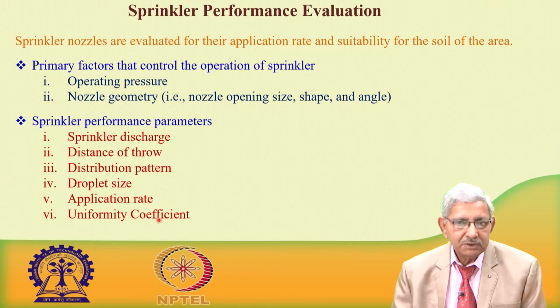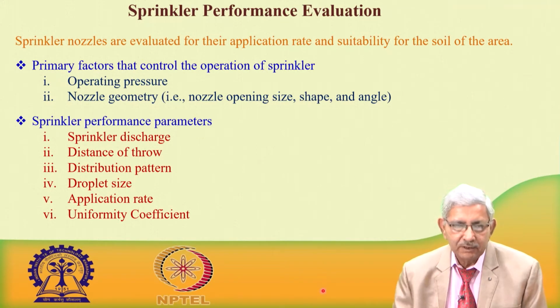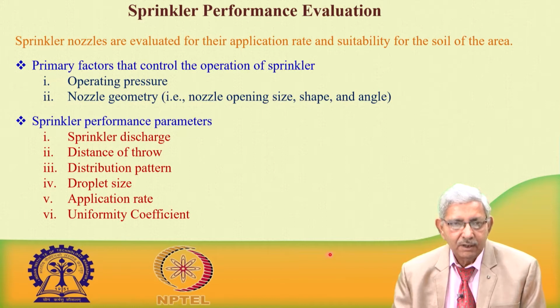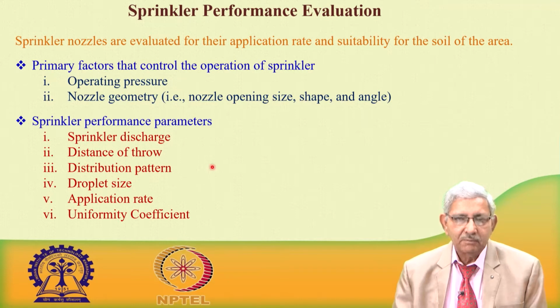Now, the parameters which are evaluated for any sprinkler irrigation system are based on the discharge from a sprinkler, how much distance it is throwing, how the nozzle distributes the jet when it gets broken, how its movement and distribution take place, the size of the droplet, and the application rate for a given pressure.